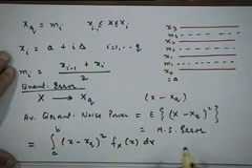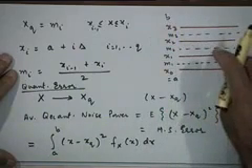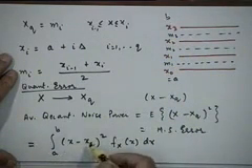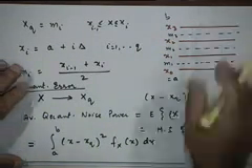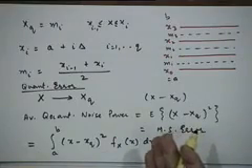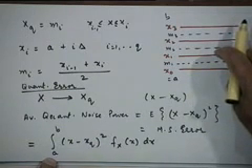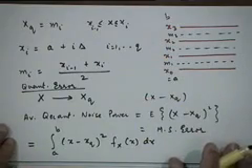To proceed further, please note that this interval from a to b is composed of a set of sub intervals. So, I can carry out this integration over each of the sub intervals separately and add up the sum. Instead of directly carrying out the integration from a to b, I can carry out the integration over this interval, then over this interval, then over this interval. It is the same thing, right.